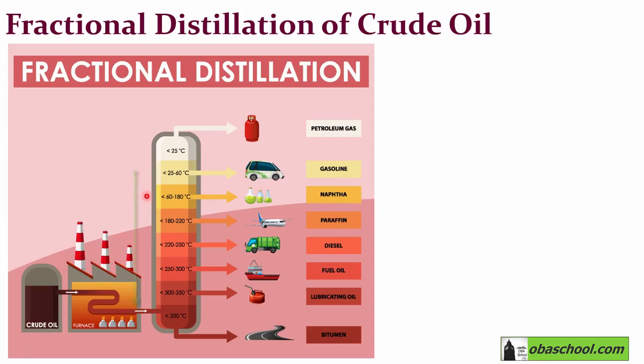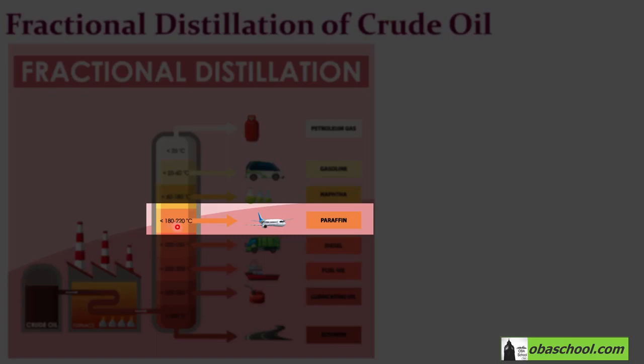As we move down in the tower, the temperature becomes higher, and thus longer chains will start to condense. For example, between 180 and 220 degrees Celsius, hydrocarbon chains between 12 and 15 carbon atoms will be condensed, and these are used as kerosene and paraffin, which are used as jet fuel and for lighting.